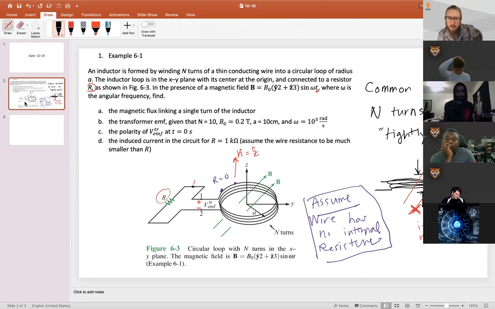All right, so the first thing that we're asked to do is to find the magnetic flux linking a single turn.